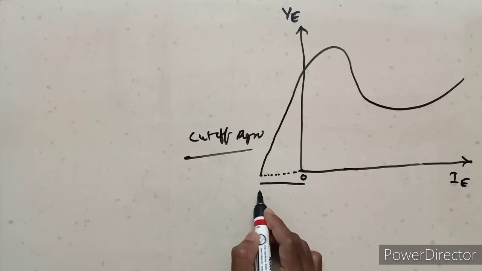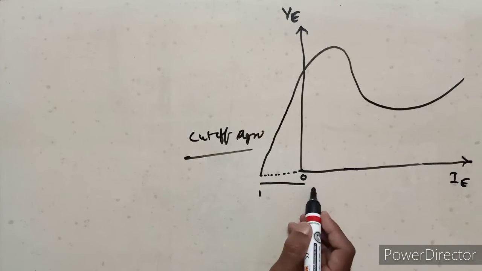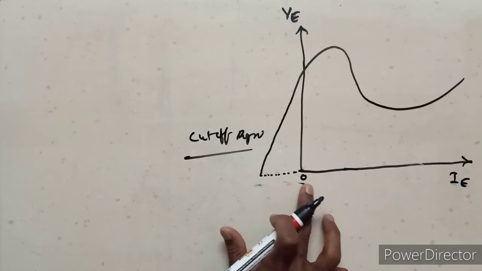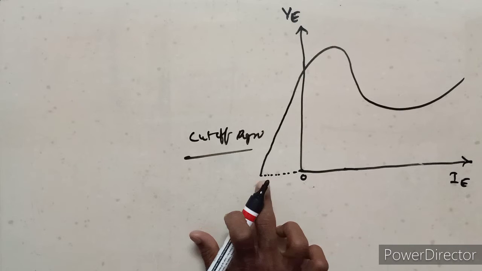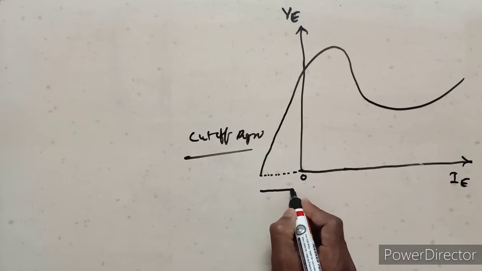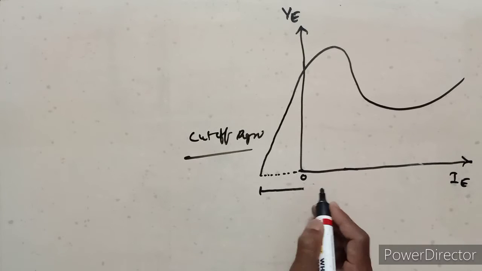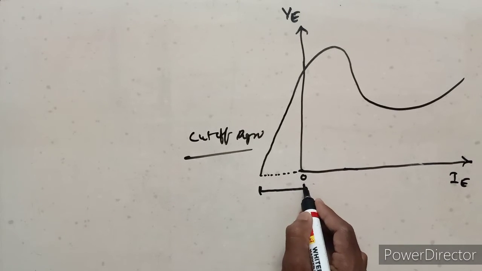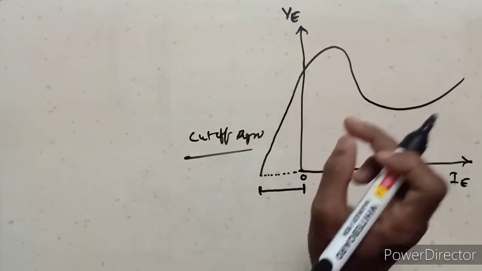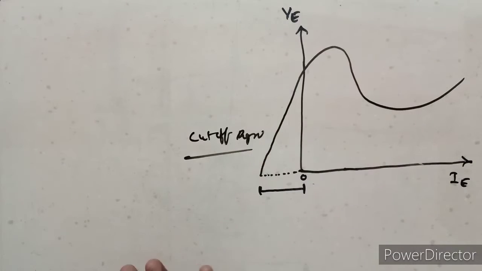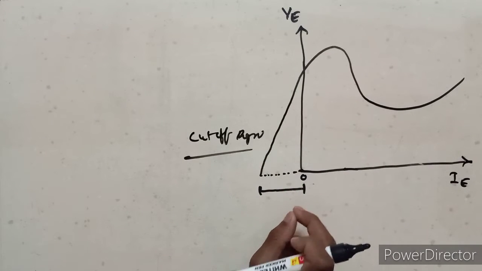So this is the emitter position, this is the base position. This is the leakage current. Totally this is the cutoff region.